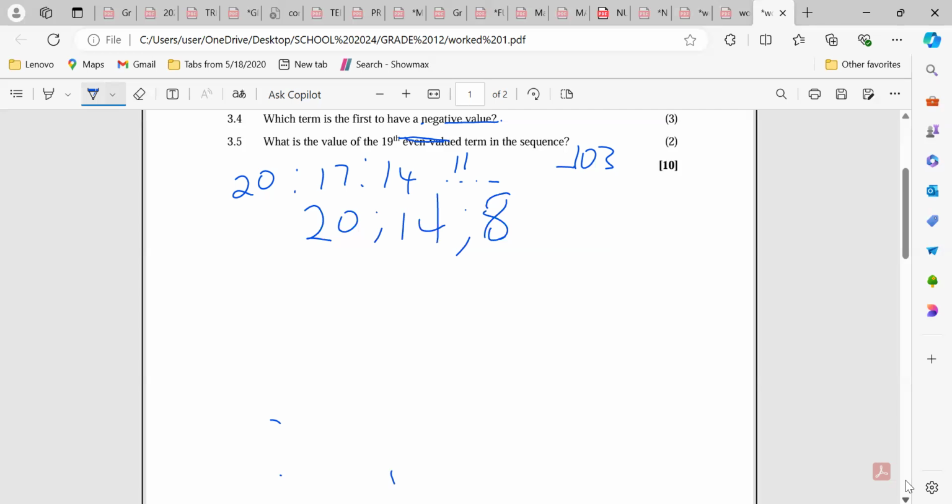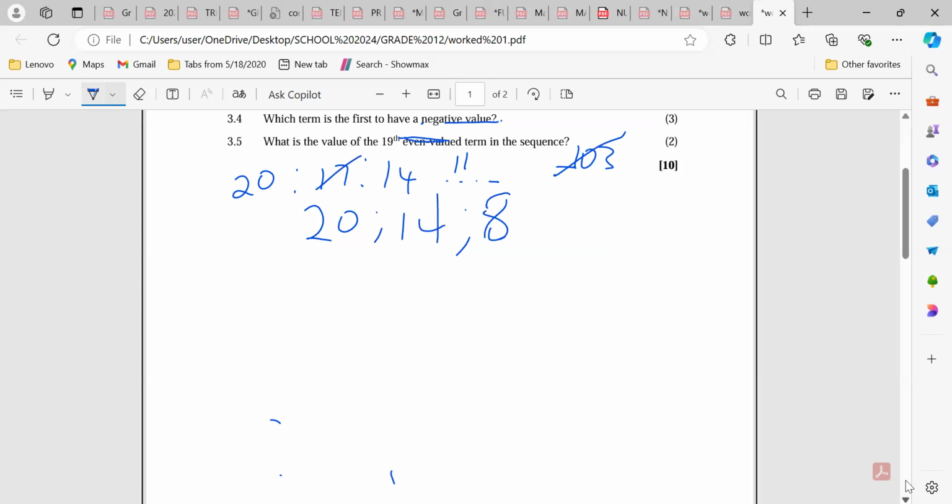So you take this one and minus 6, you're gonna get this one, which means you can create a new sequence of only even numbers without odd numbers. It's like we are deleting all the odd numbers from the sequence. We no longer want them because they said even.